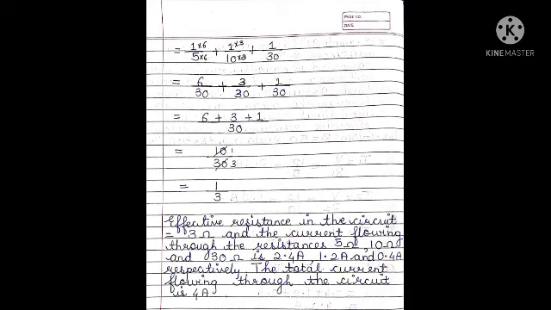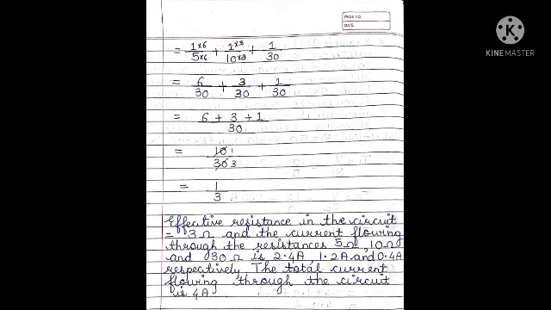Yes. If we multiply 5 by 6, you will get 30, and if we multiply 10, the second resistor, by 3, we will get 30. As we multiply in the denominator, we have to multiply with the same number in the numerator. So, 1 multiplied by 6 upon 5 multiplied by 6 plus 1 multiplied by 3 upon 10 multiplied by 3 plus 1 upon 30.